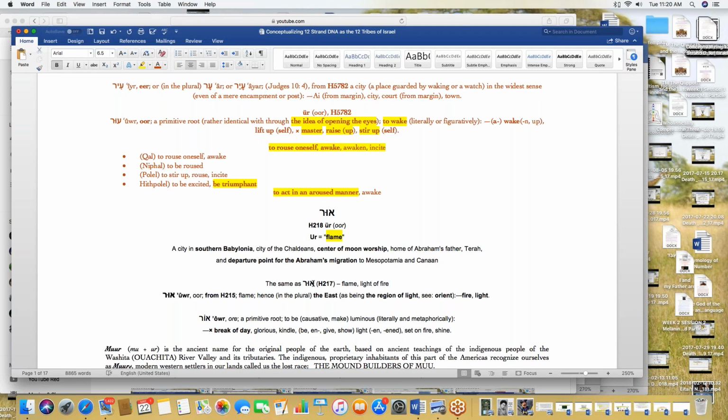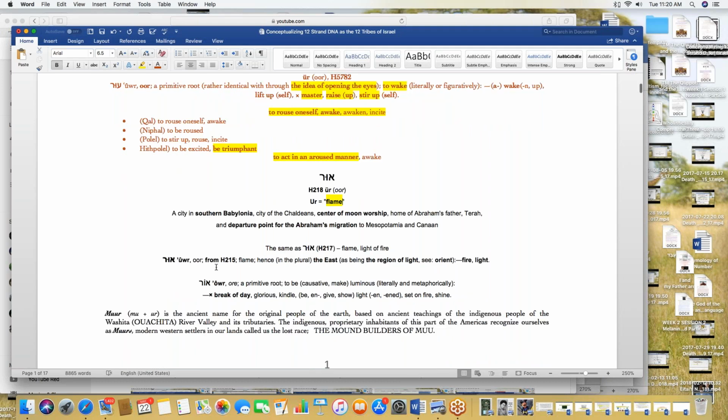It is also a city in southern Babylonia, the city of the Chaldeans, the center of moon worship.